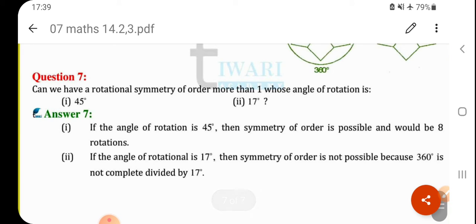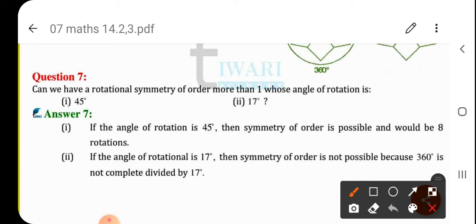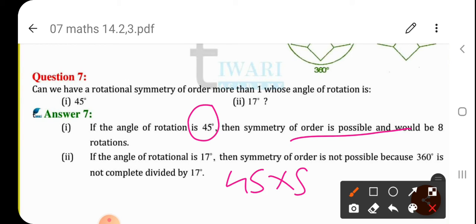Question number 7. Can we have a rotational symmetry of order more than 1 whose angle of rotation is 45 and 17? If the angle of rotation is 45, then the order of symmetry is possible. It would be 8 rotations; 45 into 8 is equal to 360.